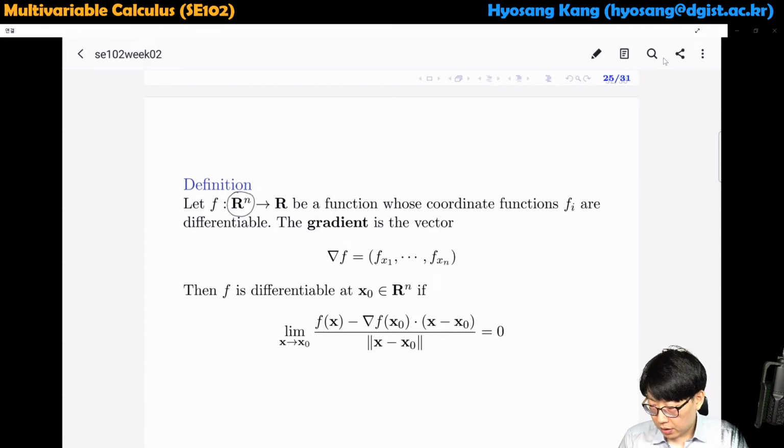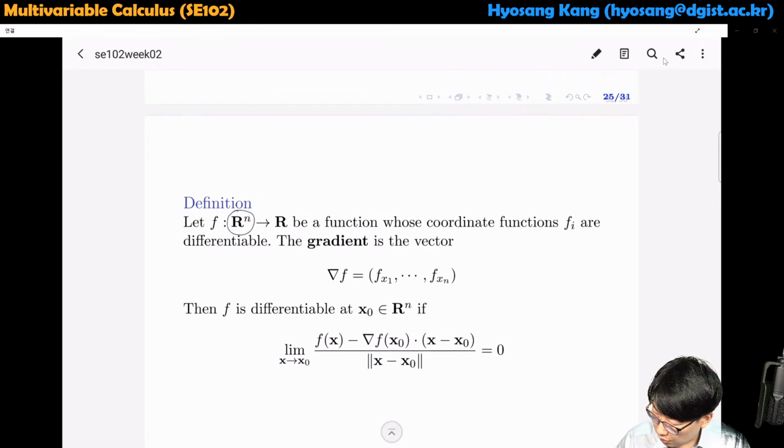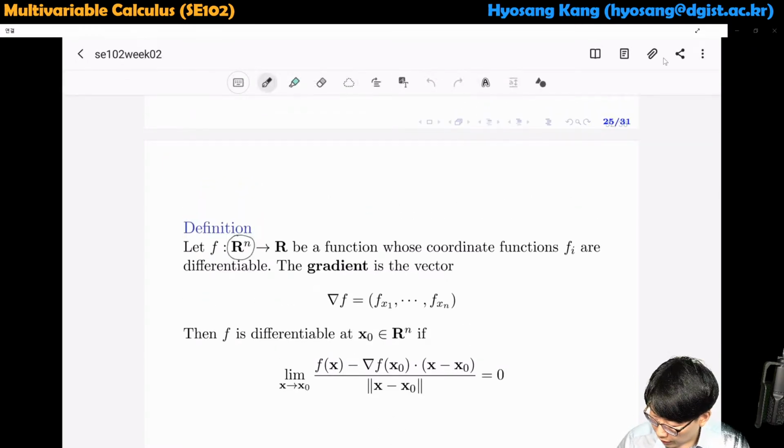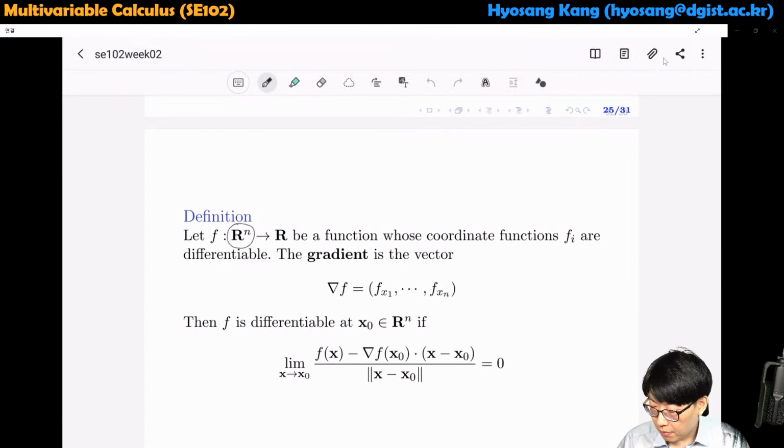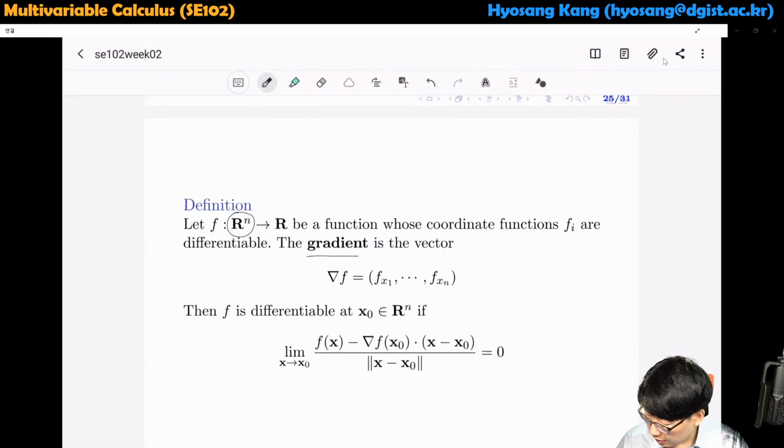So how about we increase the number of independent variables of multivariable functions? For example, if you have a function from Rn to R, so this is a real valued function, which means the value of the function is a real number, but it requires n independent variables to determine a single value of the function. Then we define a gradient as a vector.